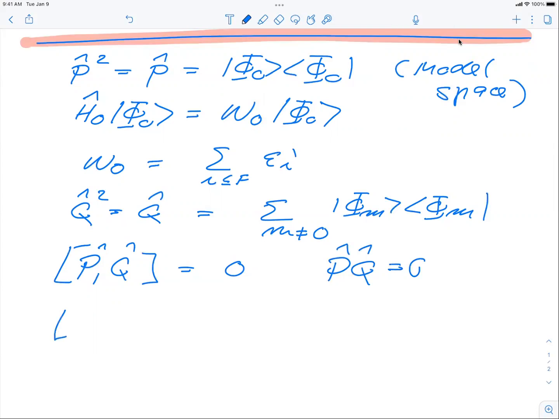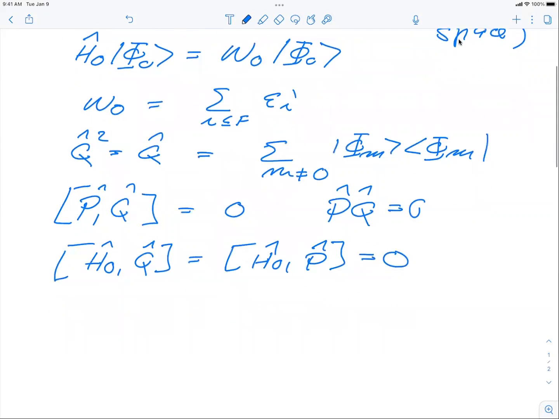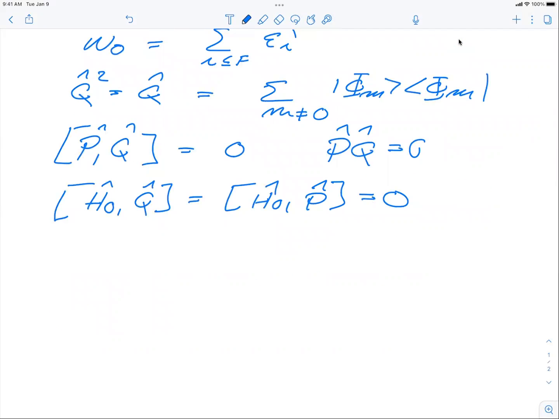We also have, since the states we have chosen to make these projection operators, so these are projection operators due to the definition here, that these operators, due to the way they are defined, also commute with the Hamiltonian for the non-interacting system.